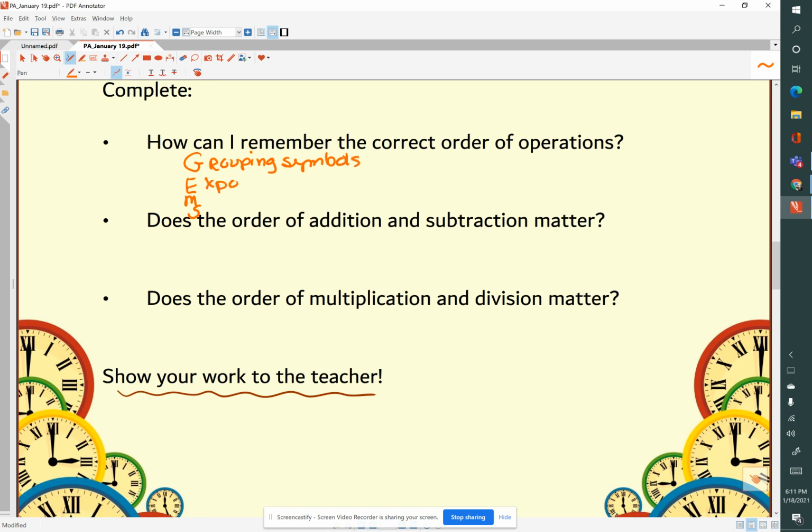Exponents and radicals. Multiplication and division. Over subtraction and addition.